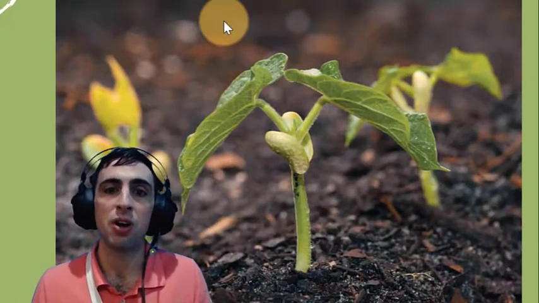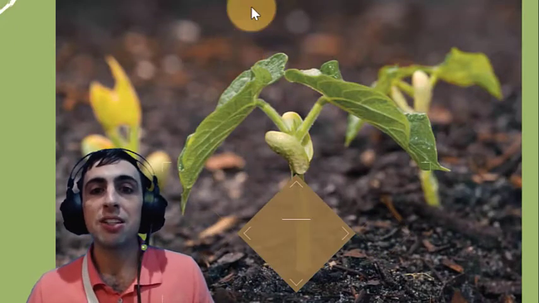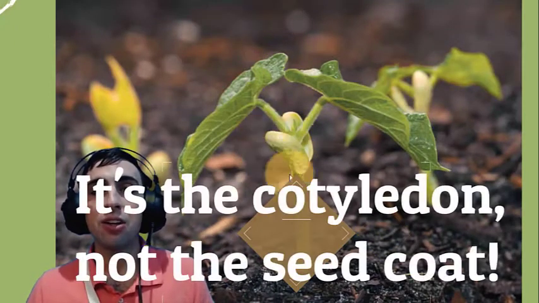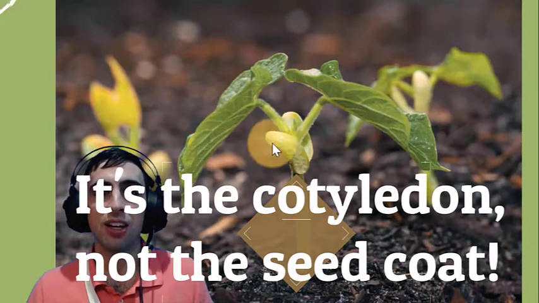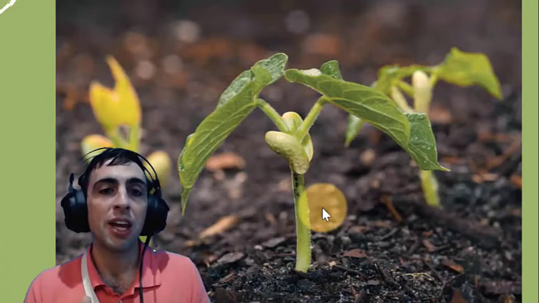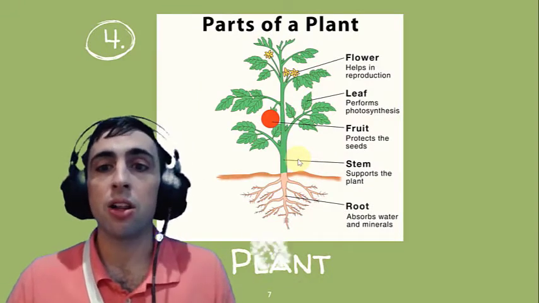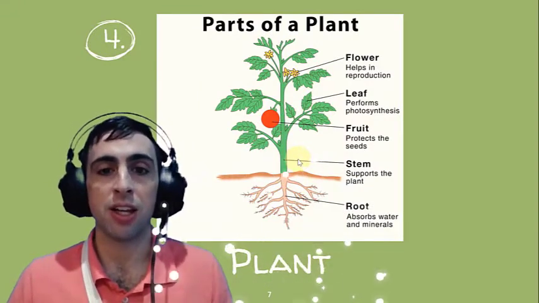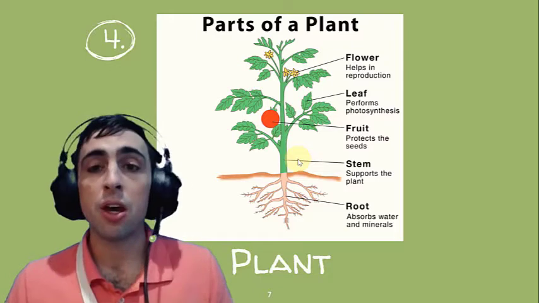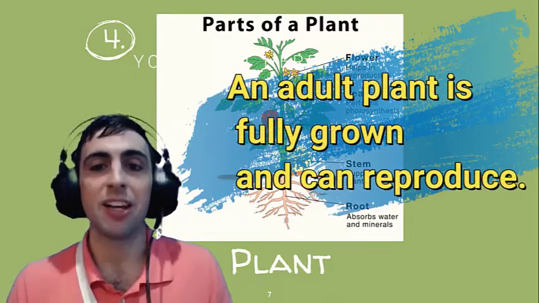You can say it's like a baby plant right here. It's very small. The leaves are very small. We can still see the seed coat on this seedling right here. It is a young plant. It's not all the way grown up. That leads to our last stage of the plant life cycle, the adult plant, or we could just say the plant.